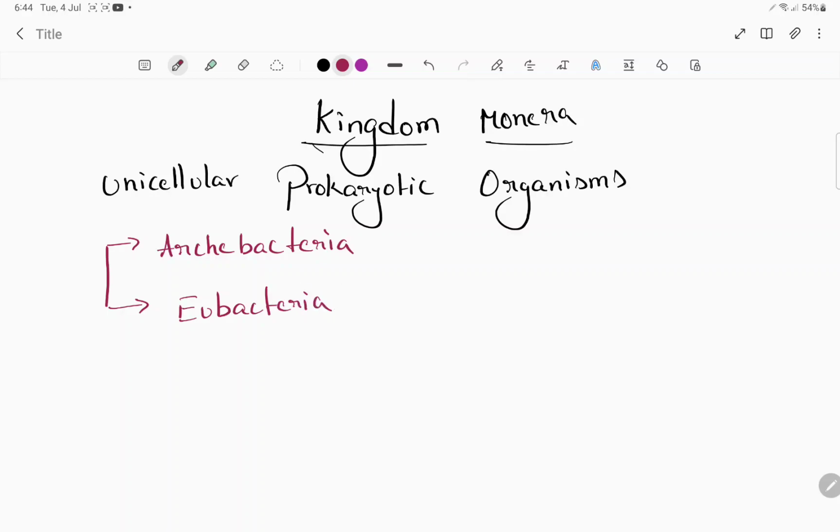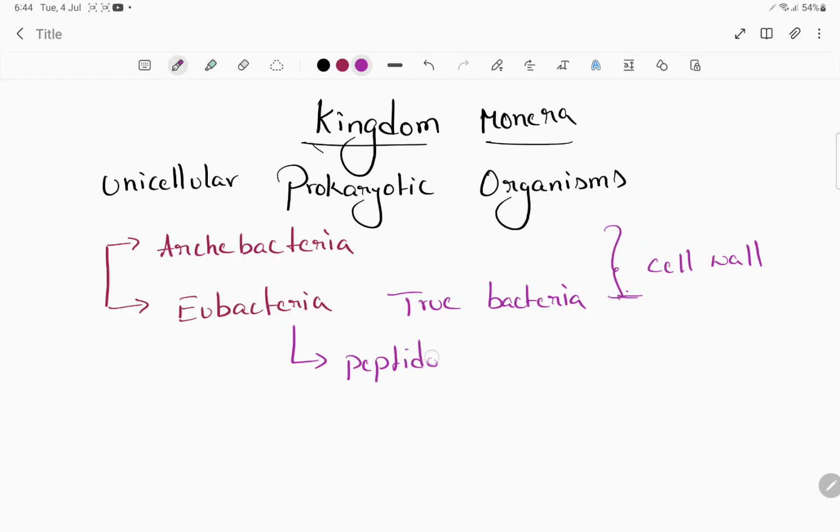First, regarding eubacteria, we otherwise call them true bacteria. They are characterized by the presence of a rigid cell wall. So the main difference between archaea and eubacteria is the cell wall. Eubacteria have peptidoglycan in the cell wall material.